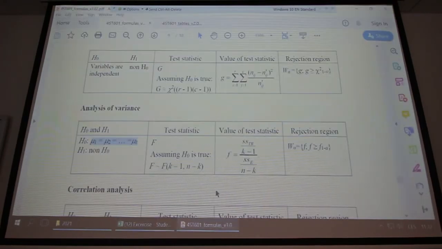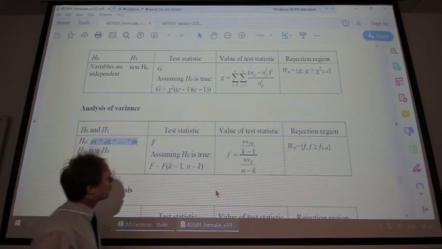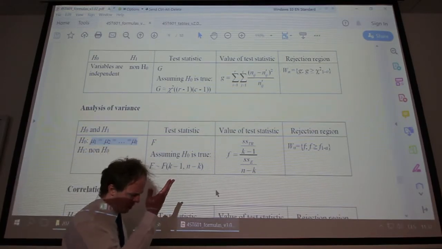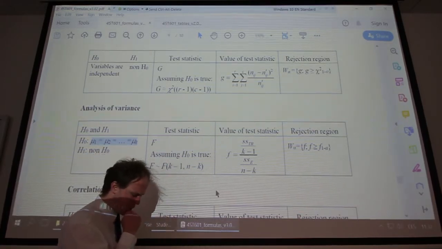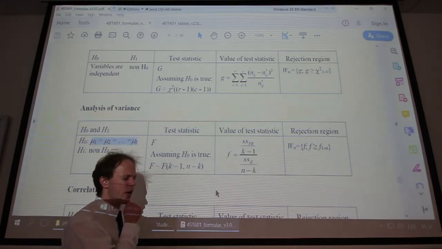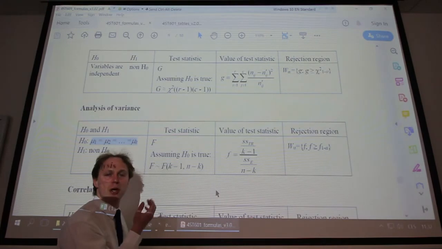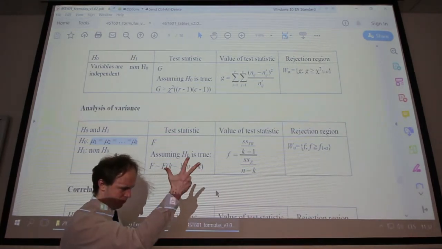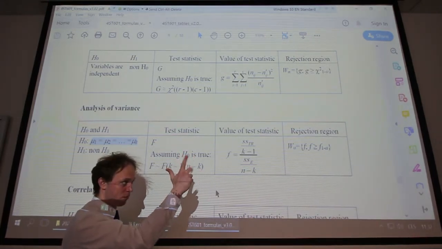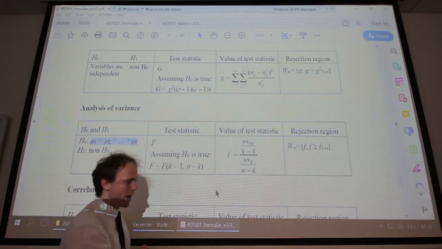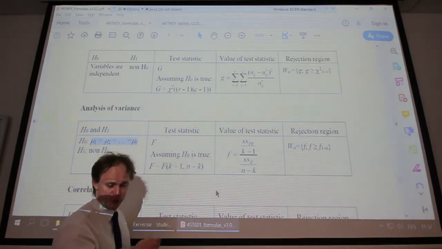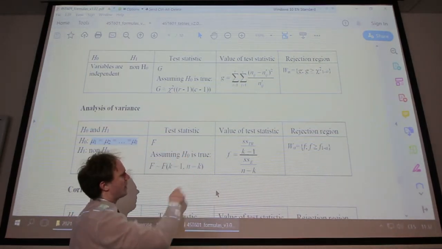Degrees of freedom Ni1 and Ni2, the parameters of the Fisher distribution. Ni1 is calculated as k minus 1. How many teachers do we have? 3, minus 1, 2. So we have 2 degrees of freedom Ni1, and n minus k.